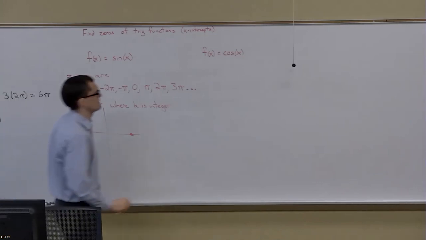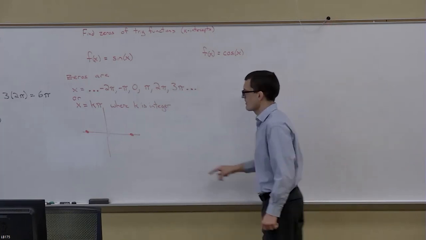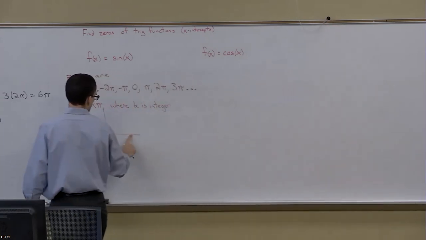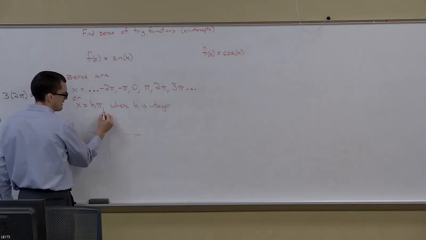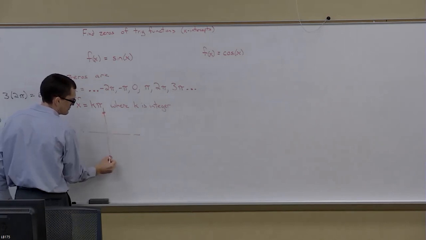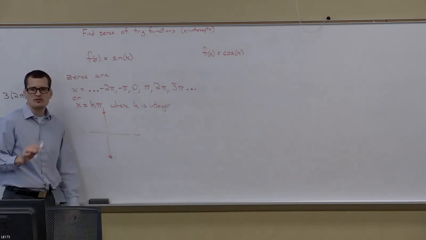How about for cosine? Well, you can think about unit circles again. When is the x value on a unit circle 0? By the way, I hope this isn't super confusing.